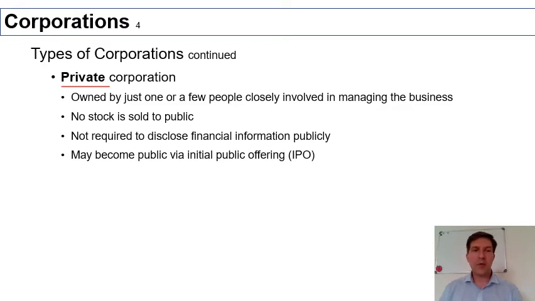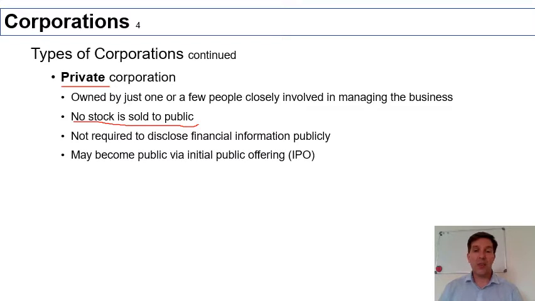But the important part is that if it's private, stock cannot be sold to the public. So you or I, unless we have some sort of special relationship with the people that own that corporation, have no way of acquiring stock, even if we wish to do so. So the public at large cannot own stock in this private corporation.